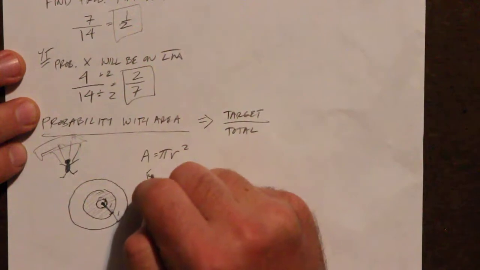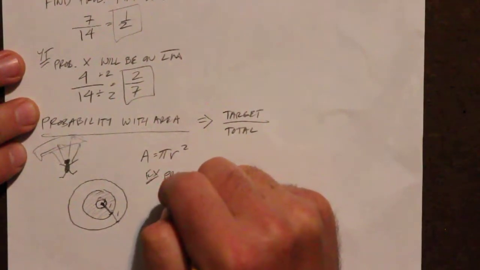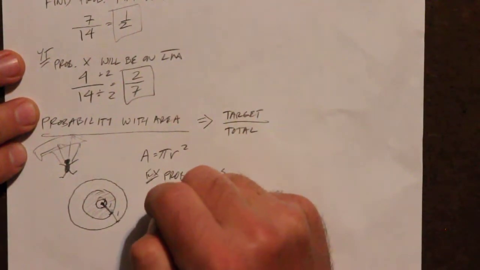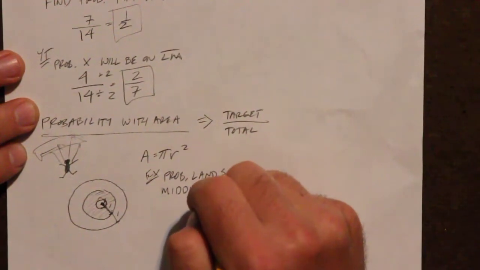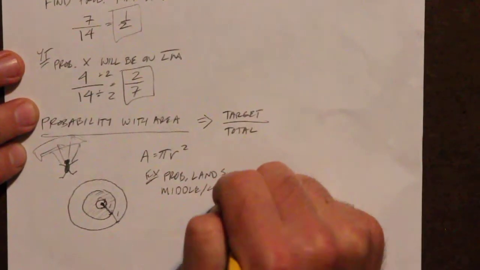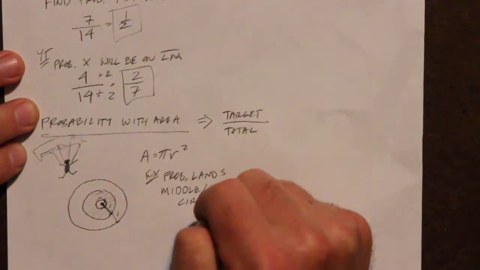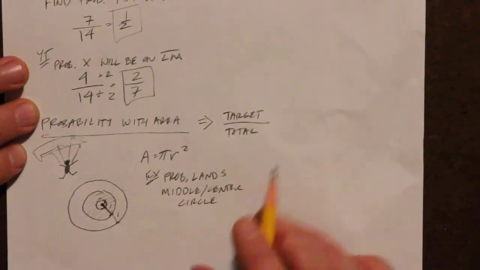So here's our example. We're going to find the probability that this guy lands on the middle, or the center circle. So that little guy inside there, we're trying to find the probability that he's going to land there.